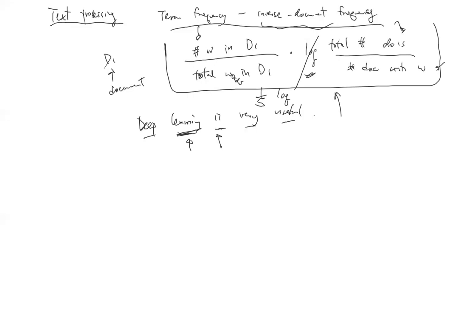But on the other hand, this one should be rather big. So the inverse document frequency of "learning" should be a number bigger than the inverse document frequency of "is".